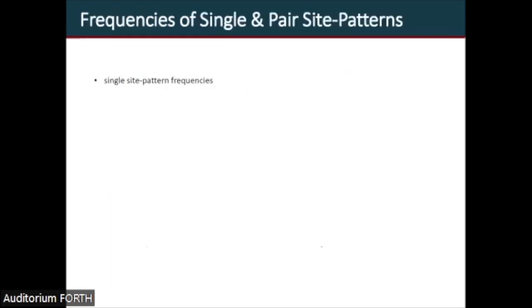And for this, let's look at single and pair side pattern frequencies and when they are large. With a single side pattern, I mean all those patterns where only one sequence has a different nucleotide from the rest. So for example, 1 split 2, 3, 4 is the case that 2, 3, and 4 share the nucleotide and 1 has a different one.